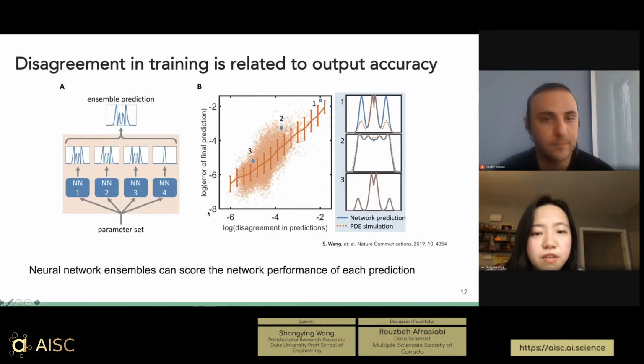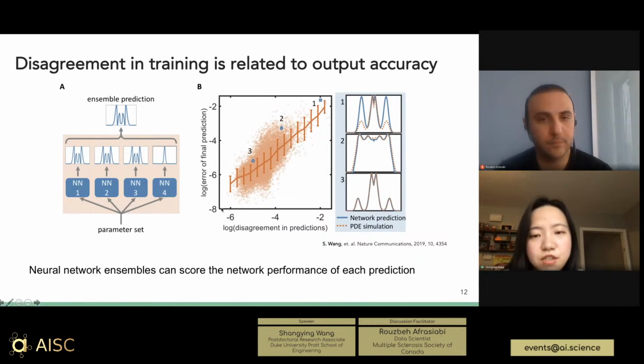Based on the disagreement in predictions and the error of final predictions, maybe I need to explain a little bit. Disagreement in predictions is calculated based on the mean square error between all these predictions. And the error of final predictions means the error of the final ensemble predictions with the ground truth.